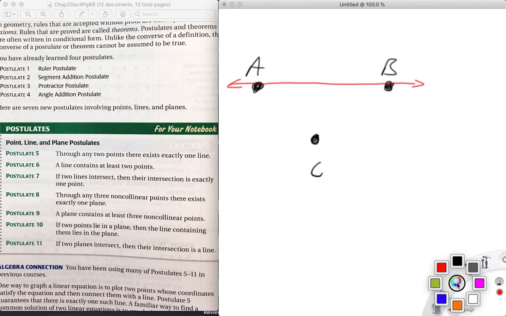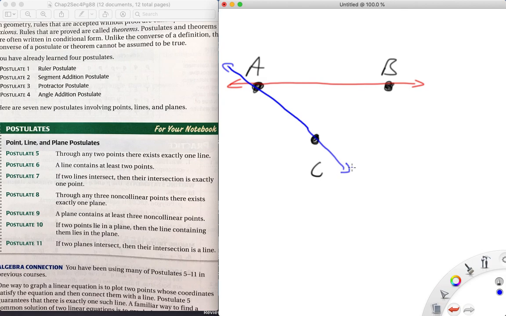If I want to put a line between A and C, I can only put one line, and one line only. Through any 2 points, there is exactly one line.